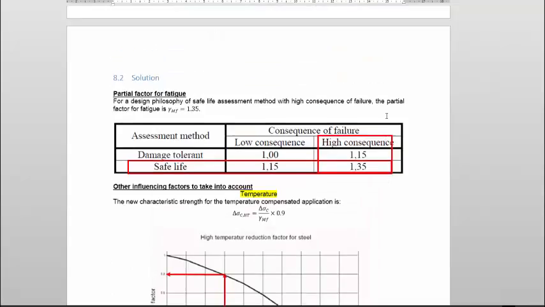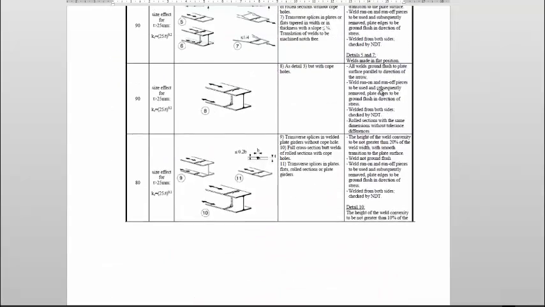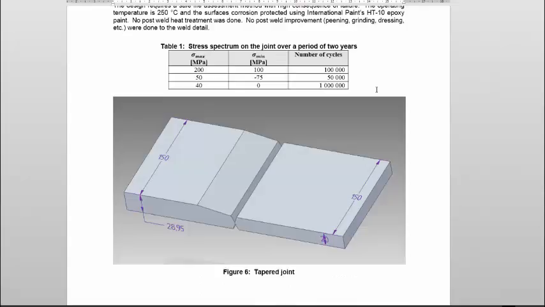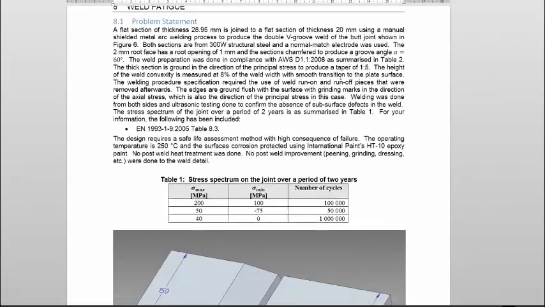Wait a minute, they did say something about grinding. Let's see. The height of the weld, a smooth transition to the plate, that's what we have in any case. Run-off pieces subsequently. Plate edges to be ground flush, and it's welded from both sides. But they did say something in the question. They said the height of the weld convexity is measured at 8% of the weld width.